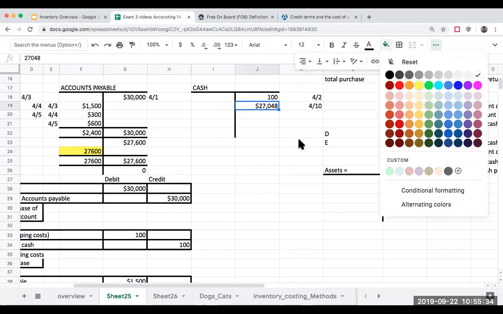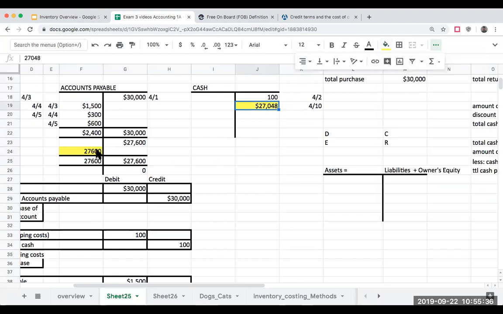Okay, so I'm going to highlight these so we can see that they're all from the same transaction. Because I'm taking advantage of the discount here on April 10th, I'm going to get rid of this entire thing because the vendor says, hey, if you pay me within this time period, you can take a discount and you don't owe me anything.